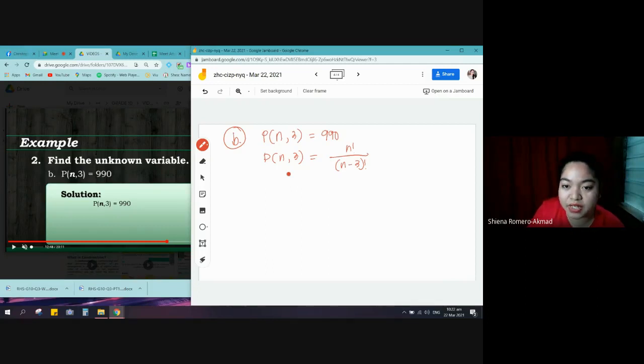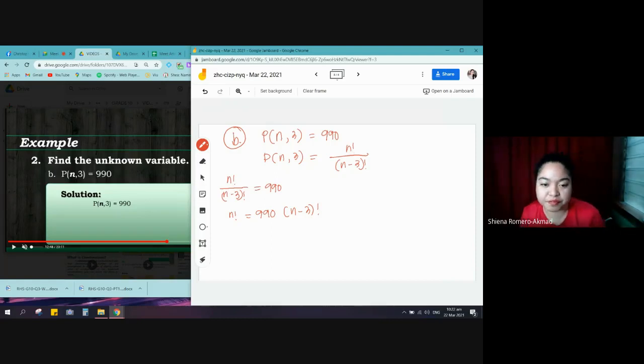Since they are equal, we'll have n factorial divided by n minus 3 factorial equals 990. Next, what is the next step? We have n factorial equals 990 times n minus 3 factorial.